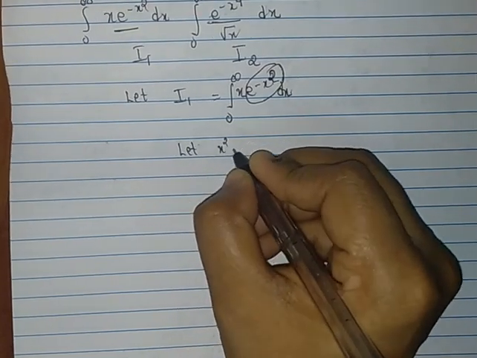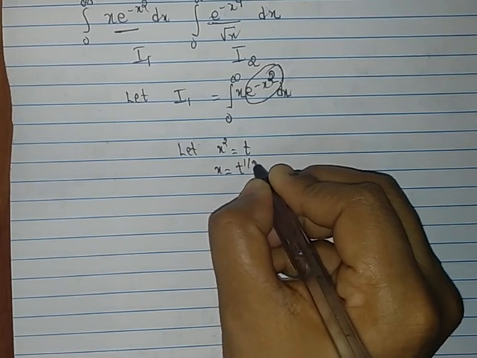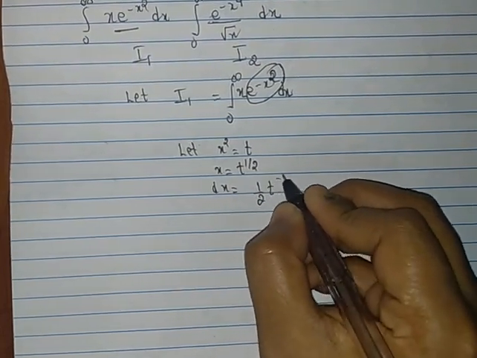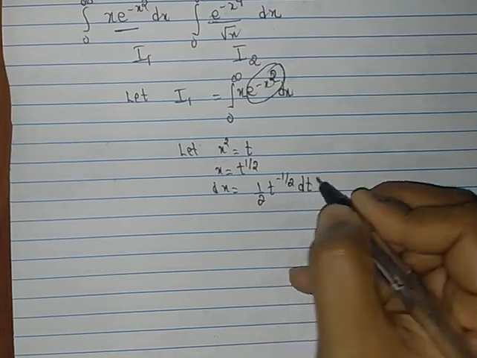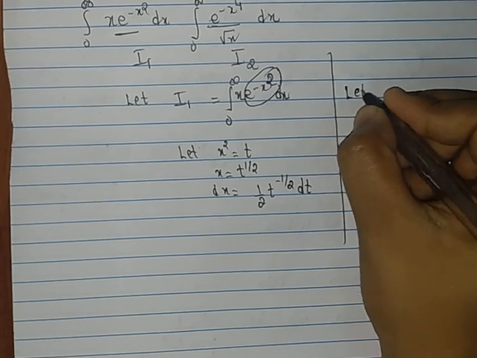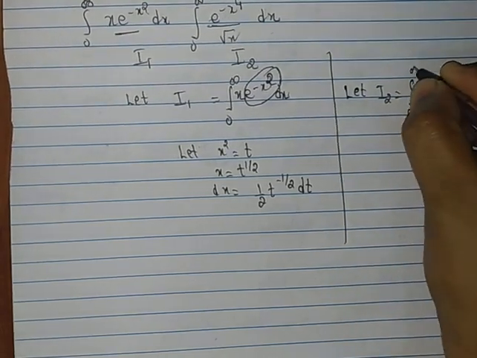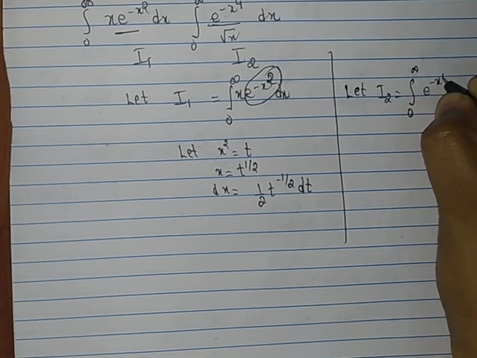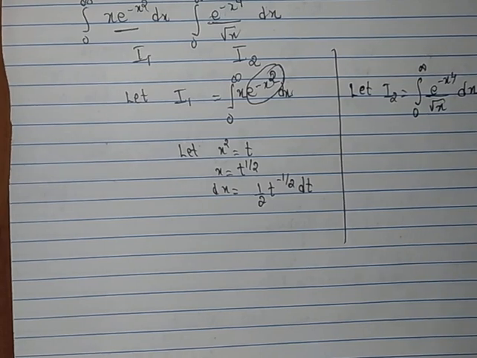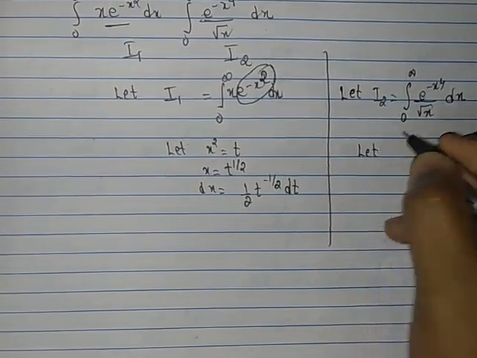Let x square equal t. The value of x will be t raised to half, and dx will be half t raised to minus 1 by 2 into dt. Similarly, in my I2, let I2 be the integral from 0 to infinity e raised to minus x raised to 4 upon root x into dx. In this case also, I am interested in the exponential term.